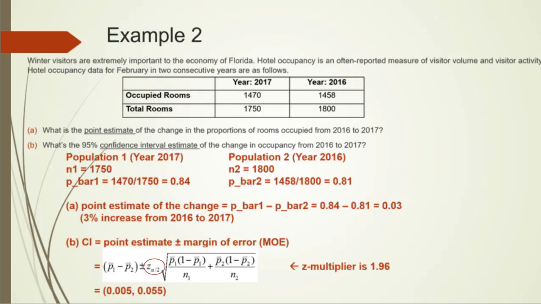This part becomes easy because we have P-bar 1, P-bar 2, N1, and N2 ready. The z multiplier for 95% confidence level is 1.96. Plugging all these numbers into the formula, we get an interval of 0.5% to 5.5% for the change in population proportion from 2016 to 2017.